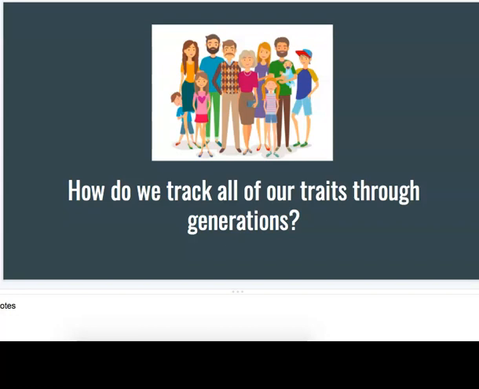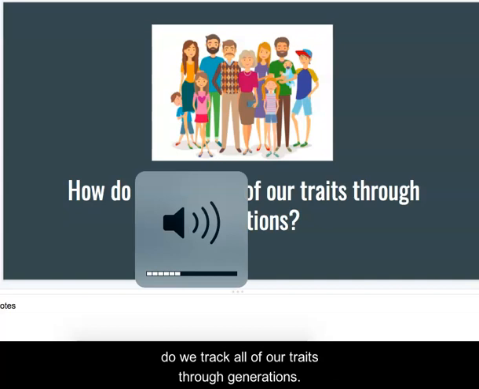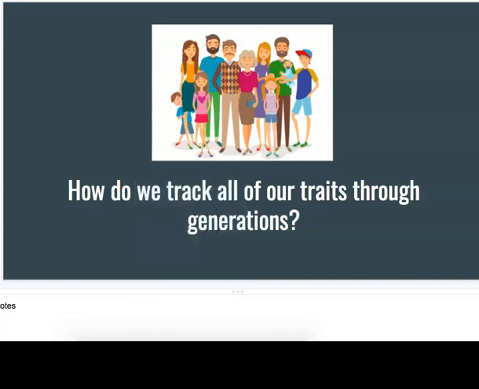One of the key questions, and you don't have to write this down, I'll let you know when you do so you can get a little bit of practice, is: how do we track all of our traits through generations?